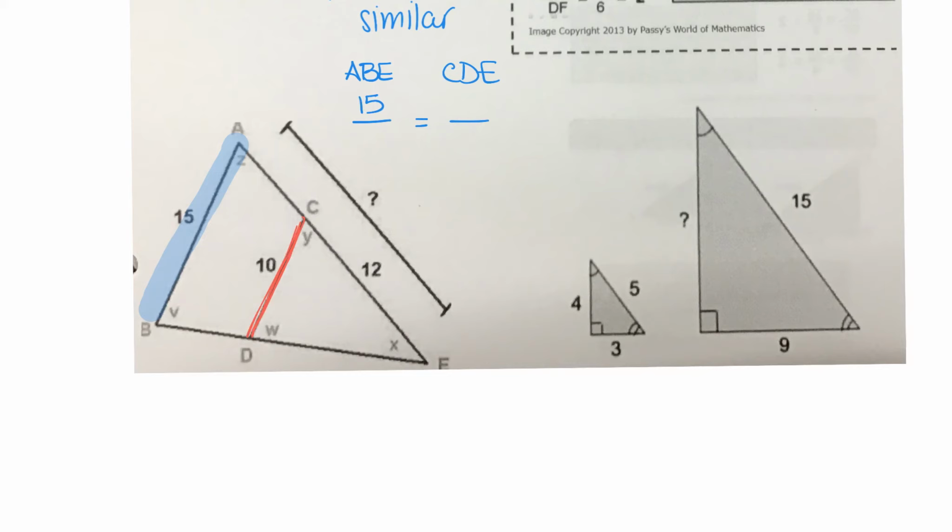And that is 10. All right, well, we are looking for this long side here. I don't know that side, so I'm going to put that on the bottom, and I'm going to call it X. From triangle CDE, it corresponds with side CE, which is 12.